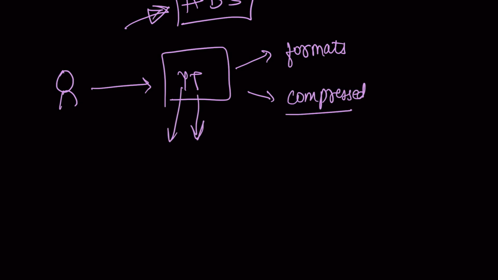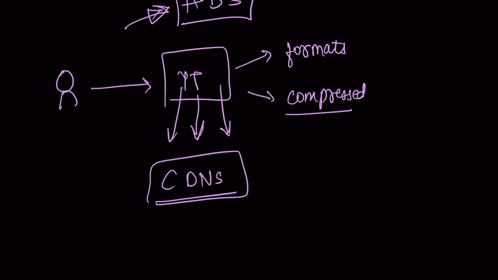So users can stream the video, but streaming a video to millions of users simultaneously is no small task. So what YouTube does is it uses CDNs. Now, what is a CDN? A CDN is a globally distributed network of servers, and it is used to deliver the videos quickly and efficiently to the users based on their geographical location.